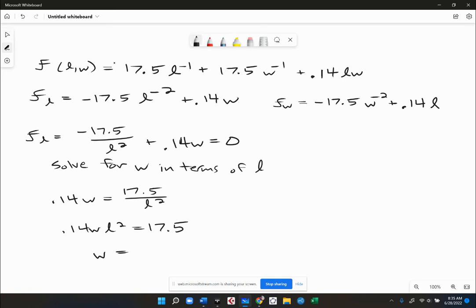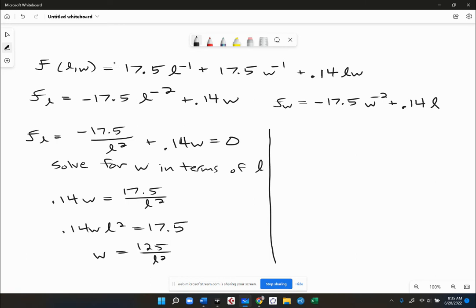So actually, I could have skipped that step and just divided both sides by 0.14 here. Okay, so ignore me. Dividing both sides by 0.14, we get 125 over L squared, which is a fairly nice odd number.